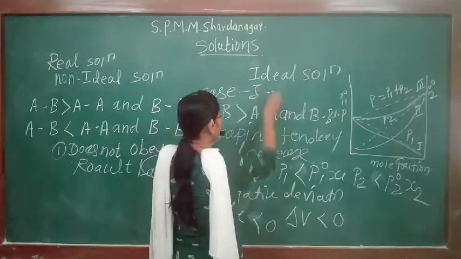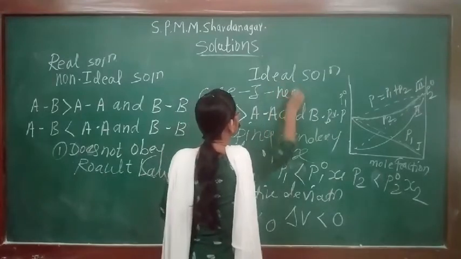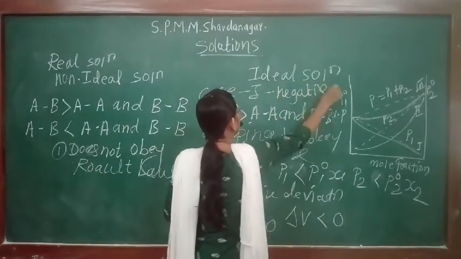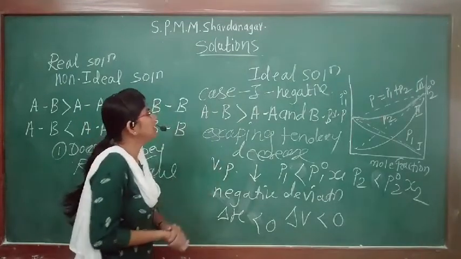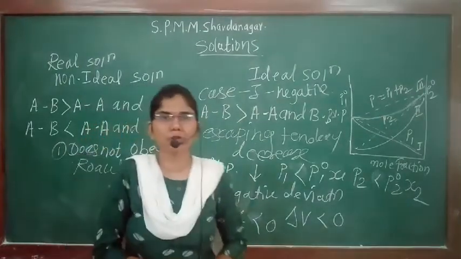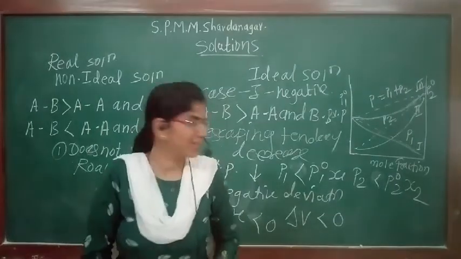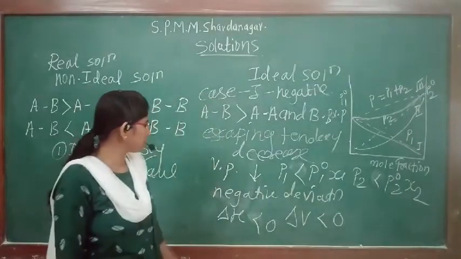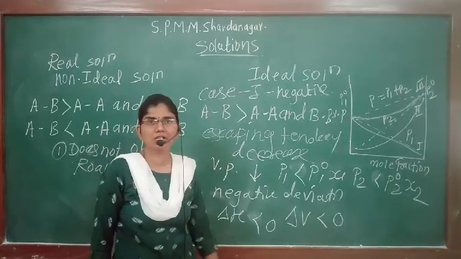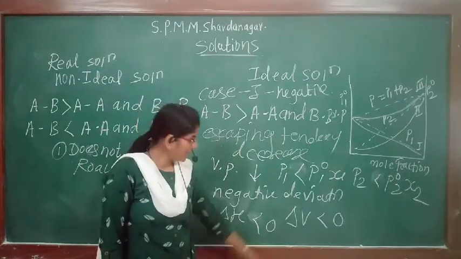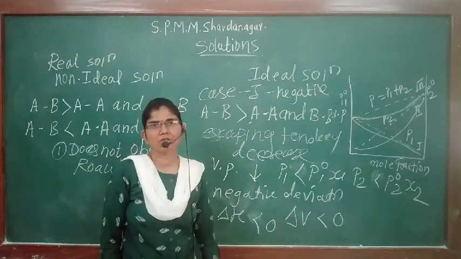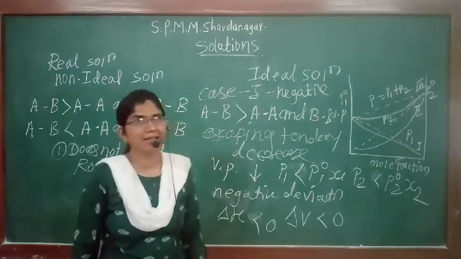In case first, we have to study the negative deviation from Raoult's law. When there is a strong interaction between the solute and solvent molecules, the change in enthalpy is less than 0, and at that time the change in volume is also less than 0.